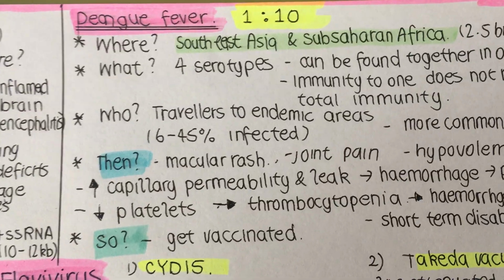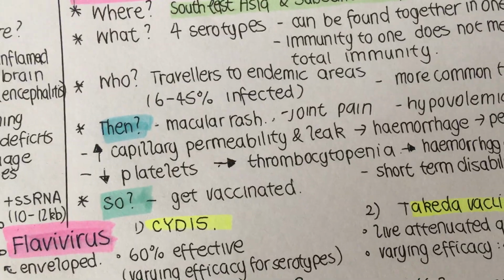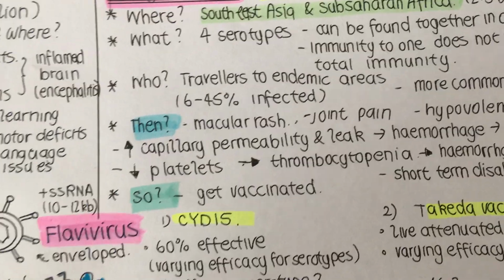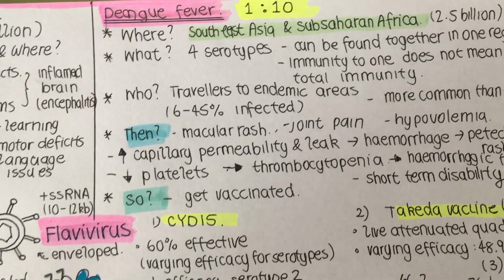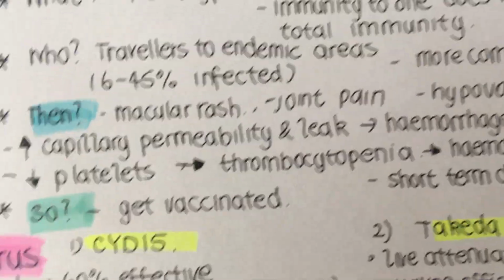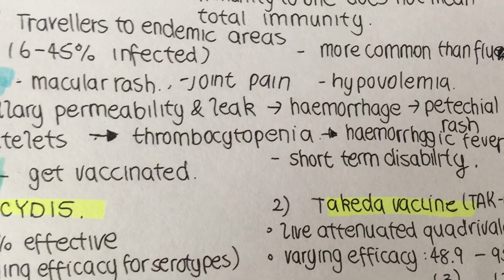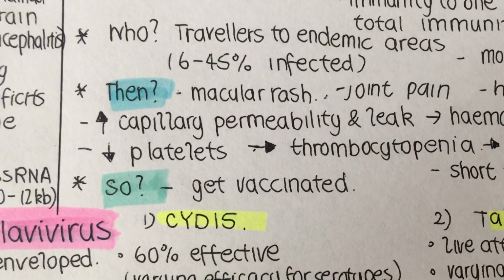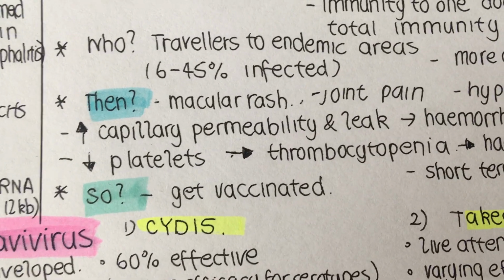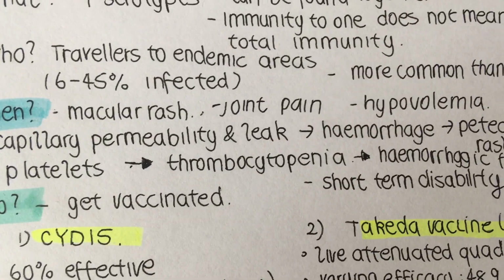Well, in approximately 1 in 10 infected individuals, they begin to develop symptoms such as macular rash, joint pain, hypovolemia. Additionally, their capillaries become extra leaky, which can lead to hemorrhages that appear as petechial rashes. They can also experience a decreased platelet count, which can be seen in thrombocytopenia.